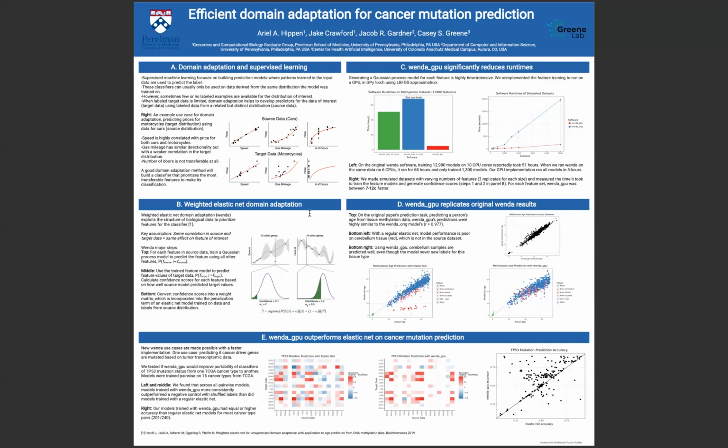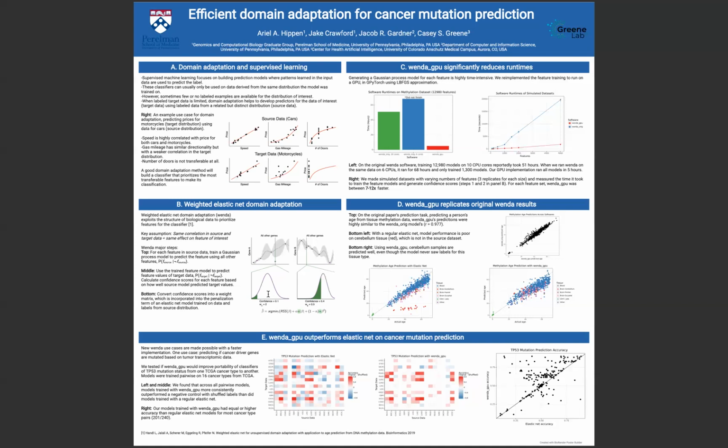WENDA has three major steps. First, for each feature in the source data, it trains a Gaussian process model to predict feature F using all the other features. Next, it uses the trained feature models to predict the value of that feature in the target data. It calculates confidence scores for each feature based on how well the source model predicted the target values.